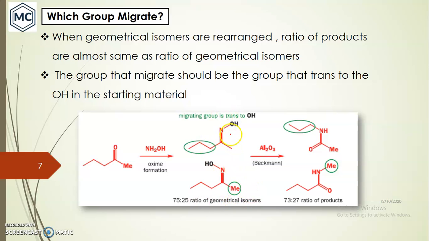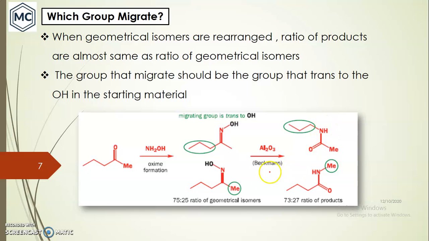So this geometrical isomer, in the presence of Lewis acid, that is Beckmann, what happens is the propyl group migrates to this nitrogen. So this propyl is attached to an NH, as you can see here, and it forms a ketone like this Me. And the ratio is exactly the same as the starting material, that is 75, or very similar, 73.